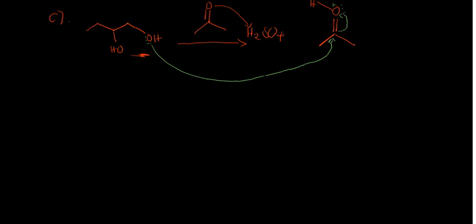The double bond has broken, and we have an alcohol now. Then down here, we have an oxygen which is having a hydrogen, and this oxygen is bonded to how many carbons? 1, 2, 3, 4. So this is it.